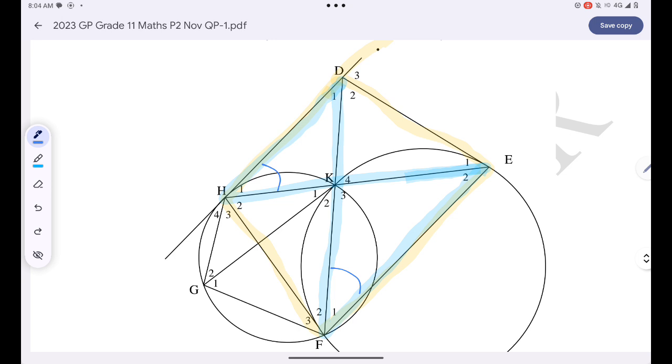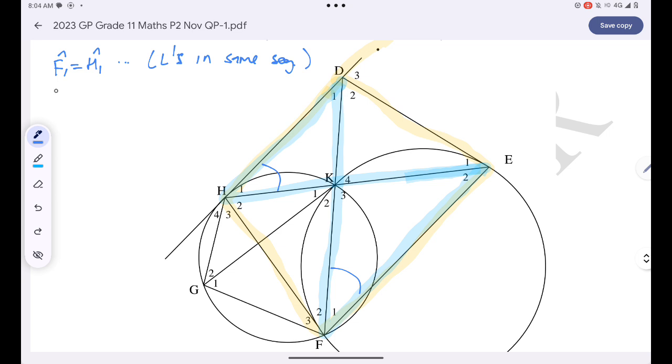So I can conclude that angle F1 is equal to angle H1. These are angles in the same segment. Are you together? But what else do I know?